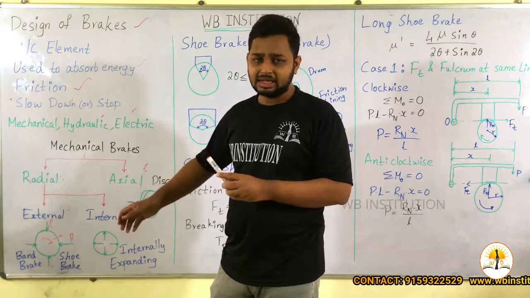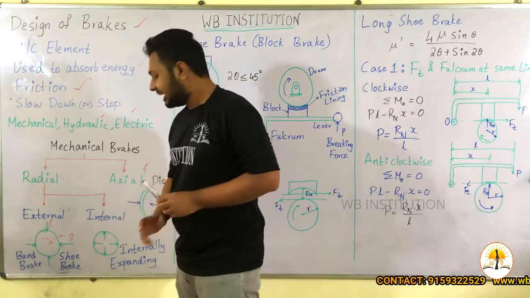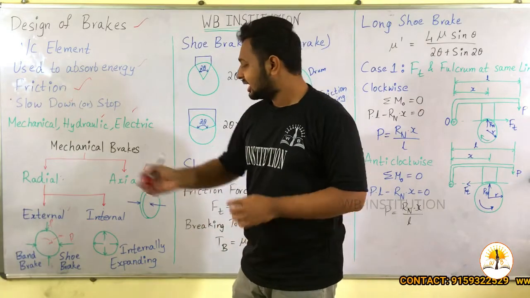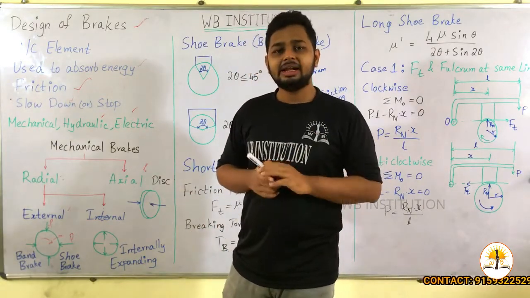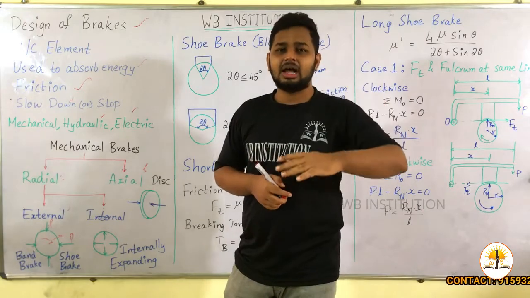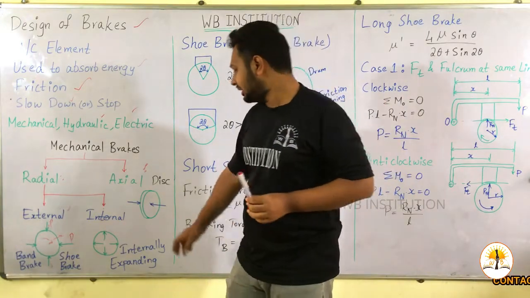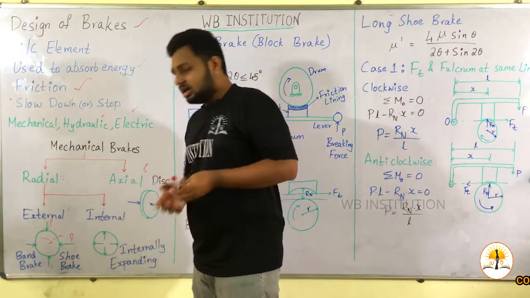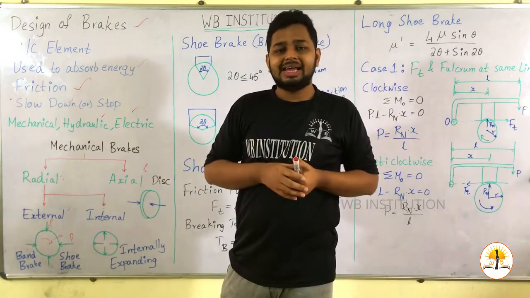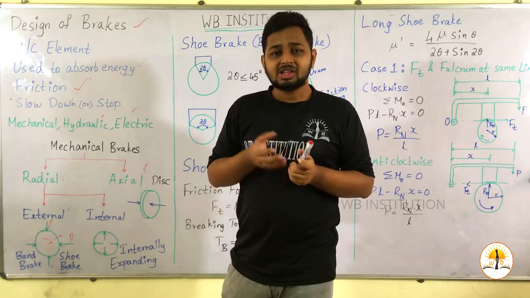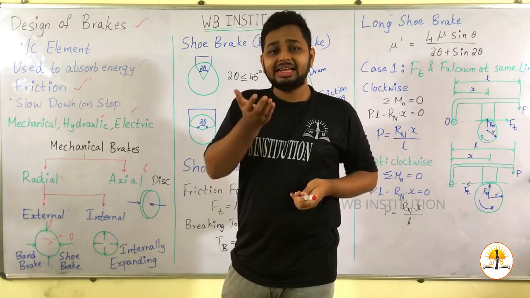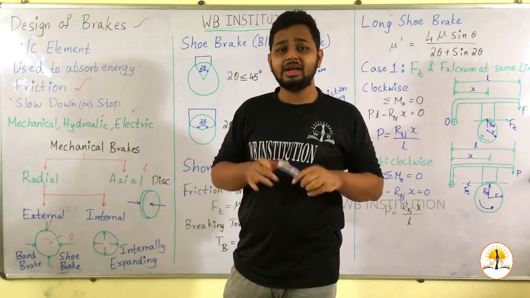Internal radial brakes are opposite to external radial brakes. In external radial brakes, the forces act from the outer side, whereas in internal radial brakes, expansion takes place inside the rotating object. The forces are exerted from the inside of the rotating drum.